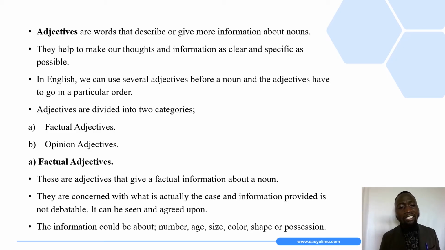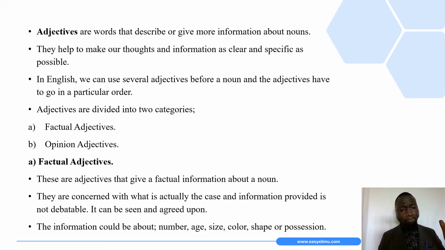Another thing is that the information could be about number, age, size, color, shape, or possession. So under factual adjectives, we have adjectives of number, adjectives of age, adjectives of size, adjectives of color, adjectives of shape, and adjectives of possession.